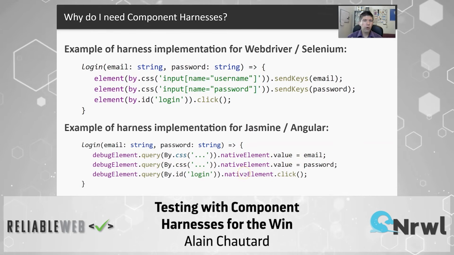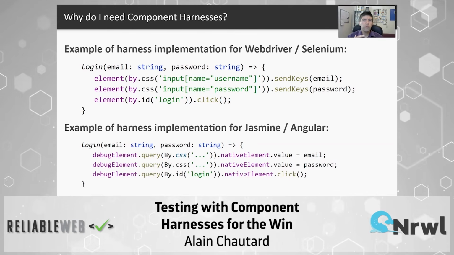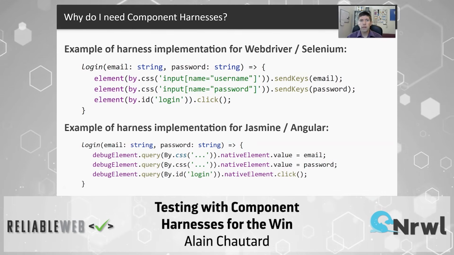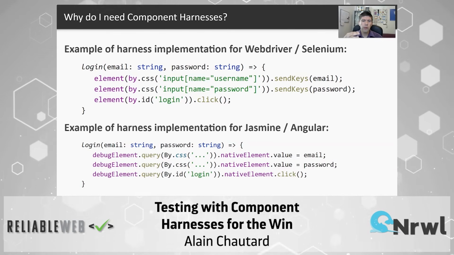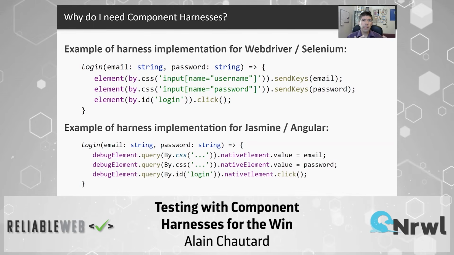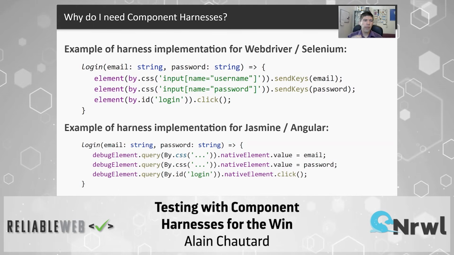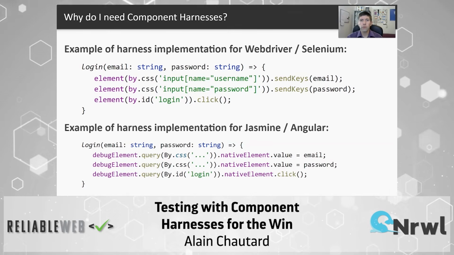So it's really all about having different implementations of the same interface, in a sense. The harness is your interface of all of the user interactions, all of the different actions that can happen on the component, and then you would have different implementations based on the target of your test.